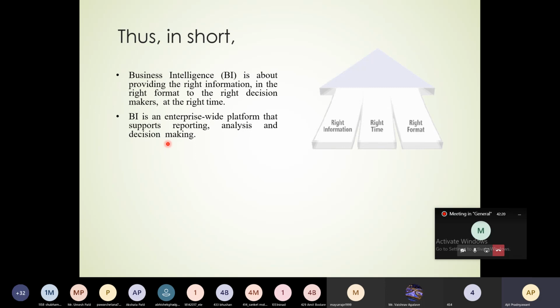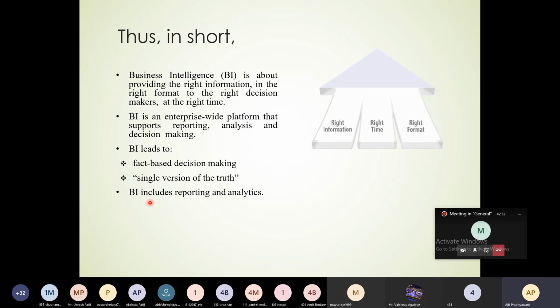So BI leads to facts-based decision making and a single version of truth. BI includes reporting and analytics.